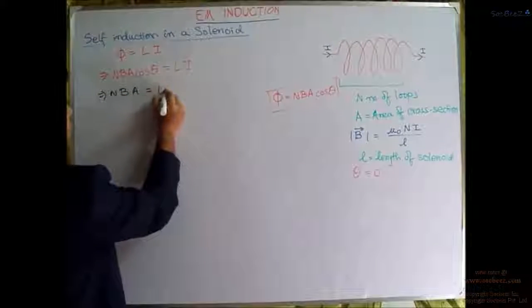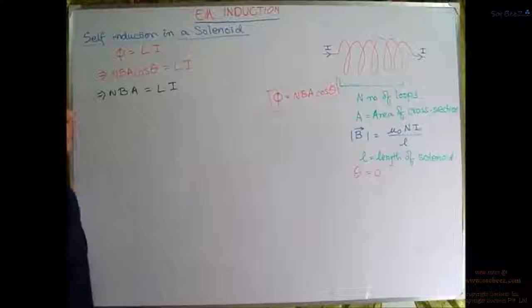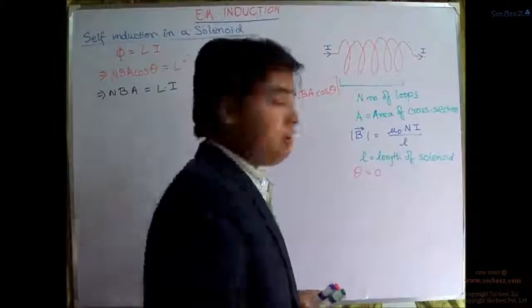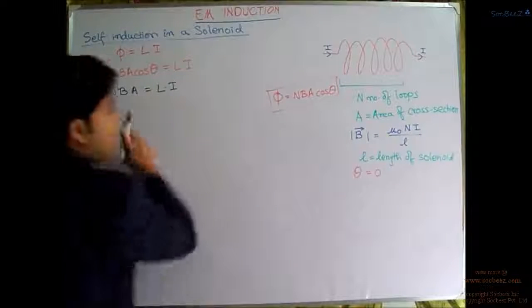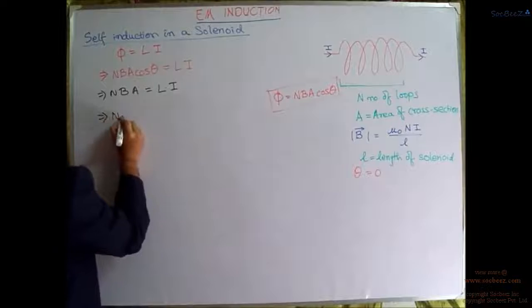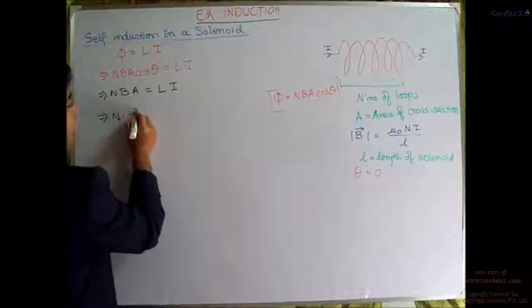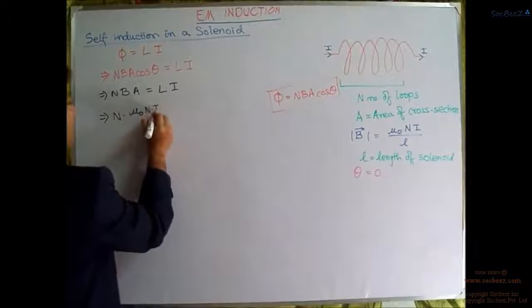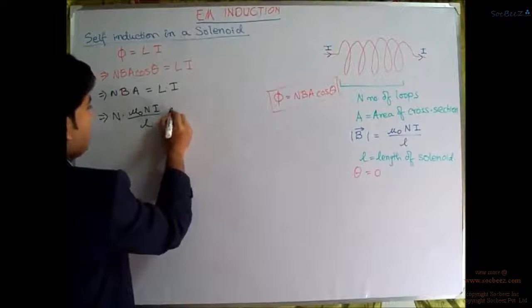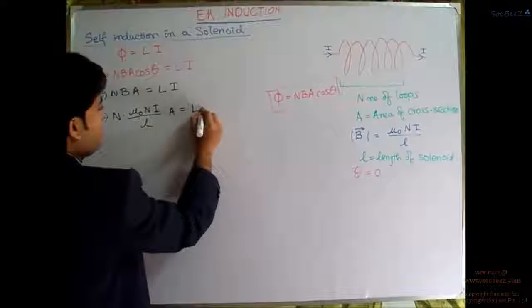N B A equals L i. Right, and we can write B as this one, so we are going to replace B with this term. It will come out to be N multiplied by mu naught N i divided by L, multiplied by area, equals L i.